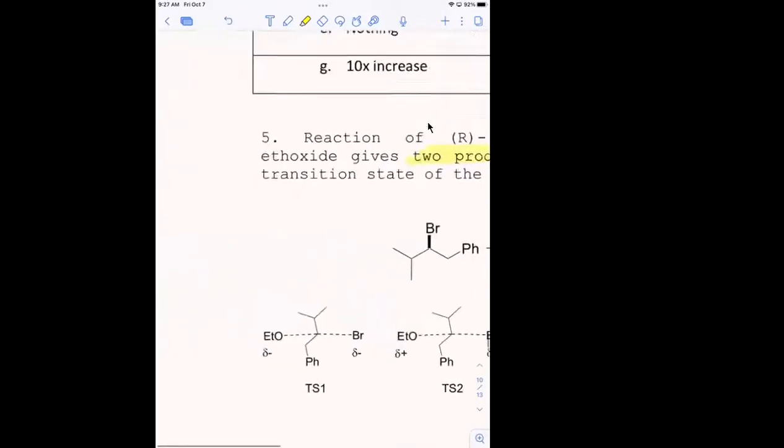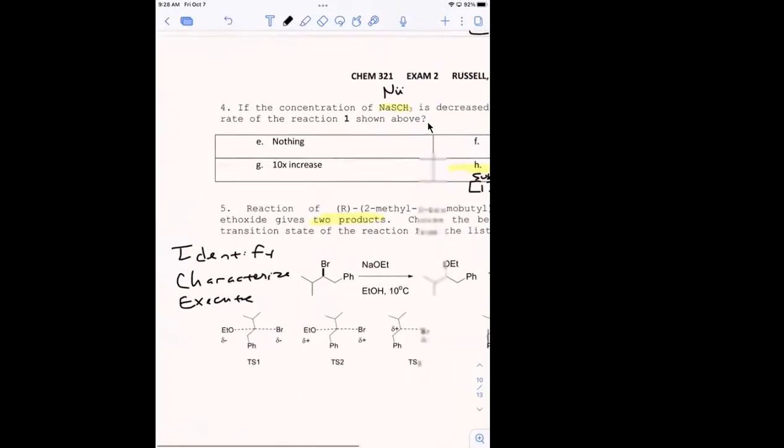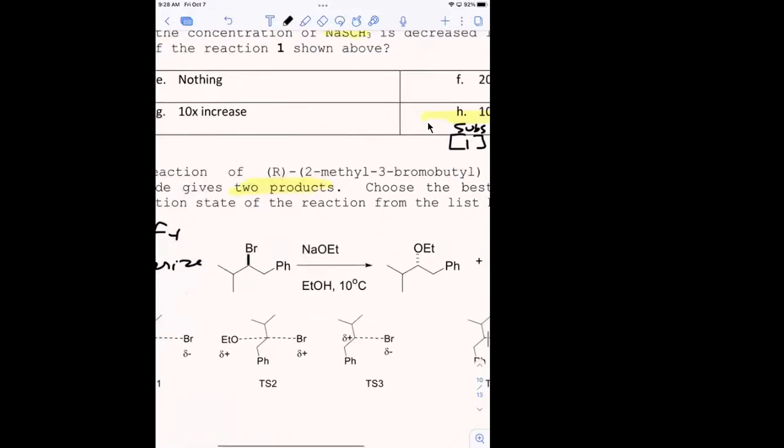That is identify, characterize, and execute. This is a foolproof way of figuring out whether something is SN1, SN2, E1, or E2. We're not going to do elimination. We're going to start that on Monday, and that'll be on test 3.